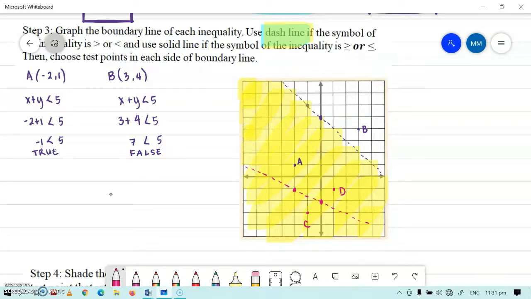So for point C, the coordinates are -1 and -3.